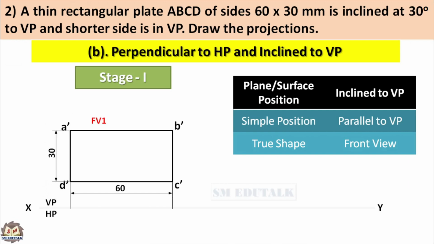In this simple position, we use the perpendicular to HP and parallel to VP condition. So, when one view shows a plane, the other view shows a horizontal line. Hence, join both the intersecting points of the projectors by a thick line. This is the top view of stage 1.